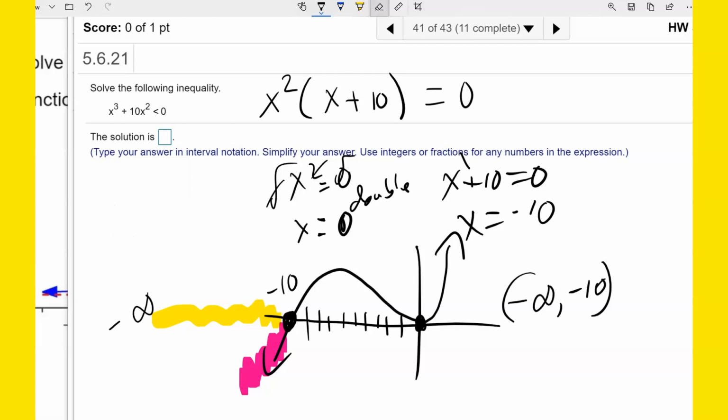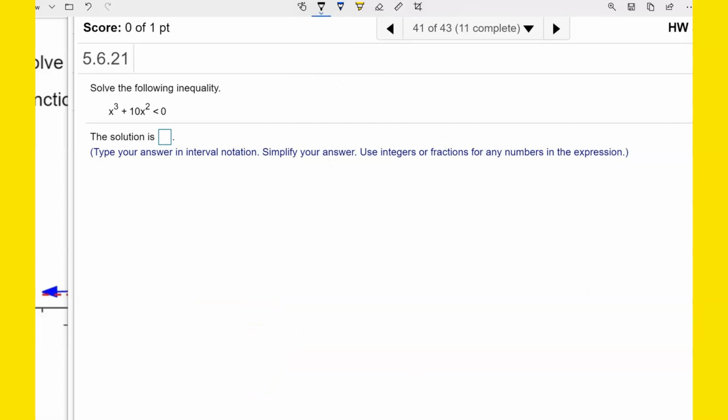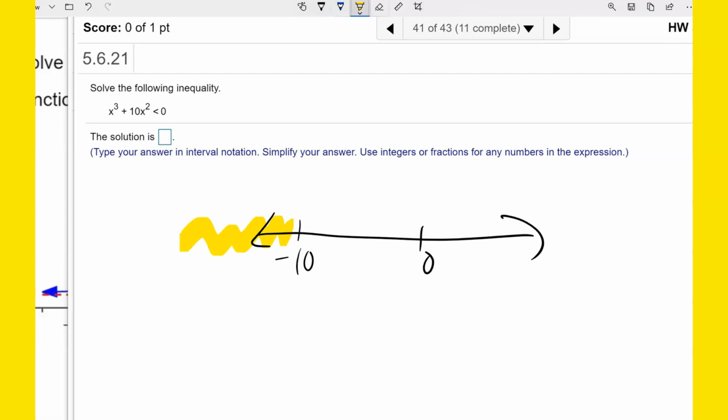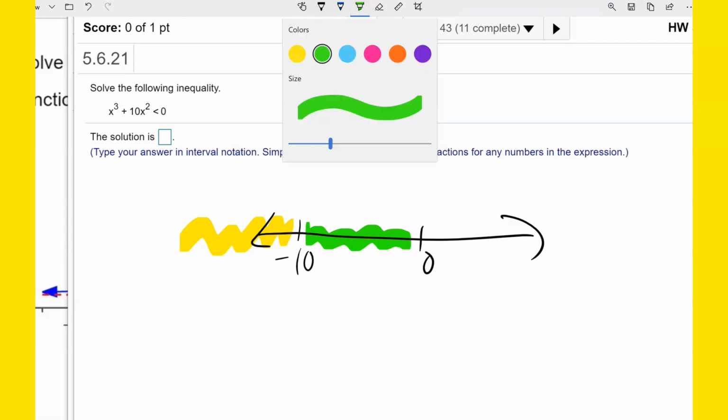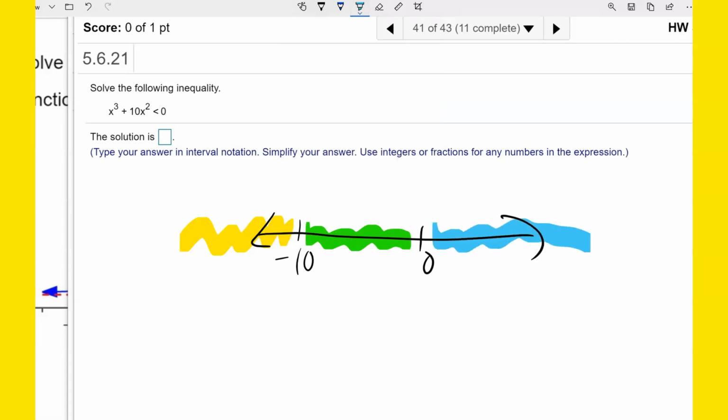Again, the other way you could do this is to put those zeros, negative 10 and 0, on a number line and test values in the regions that are sectioned off by that number line. So maybe you could test out negative 11.